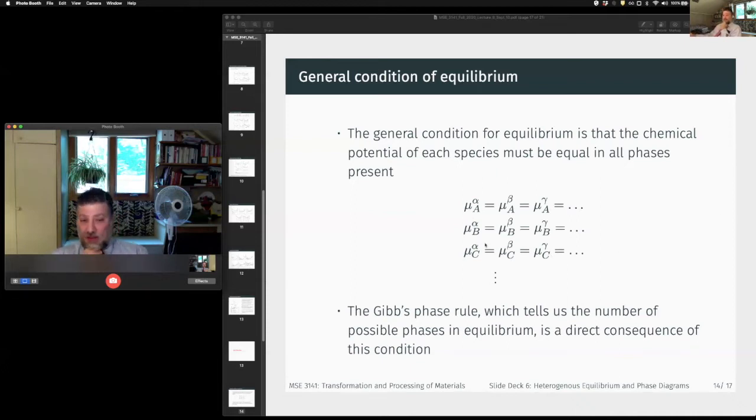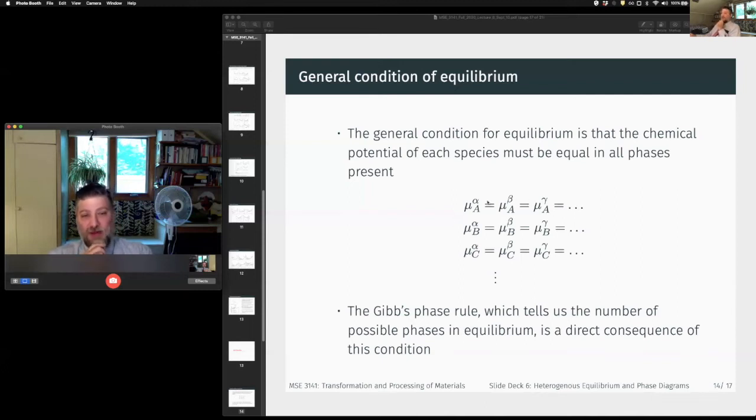The same thing holds for species B. The same thing holds for species C. Be careful. We do not want to say that the chemical potential of A in alpha is equal to that of B in alpha. That is not necessarily true.